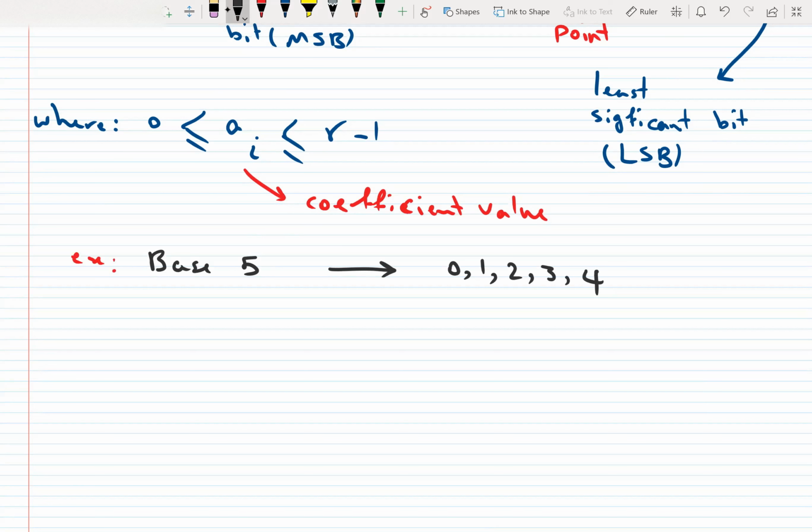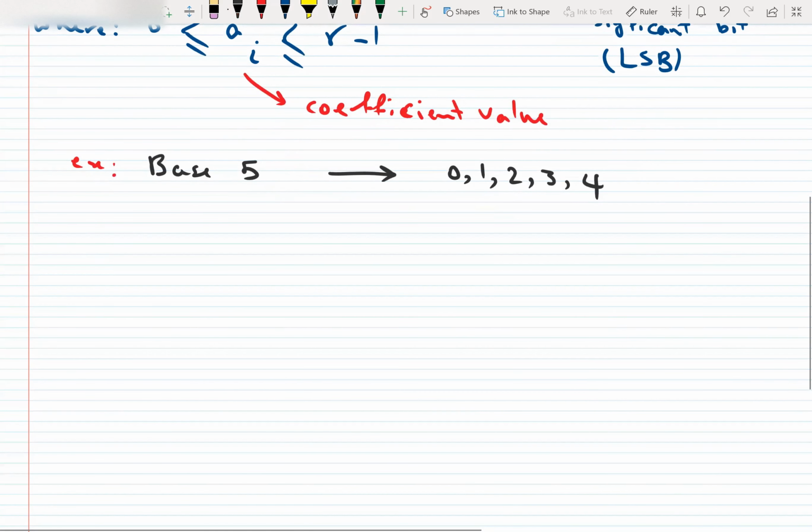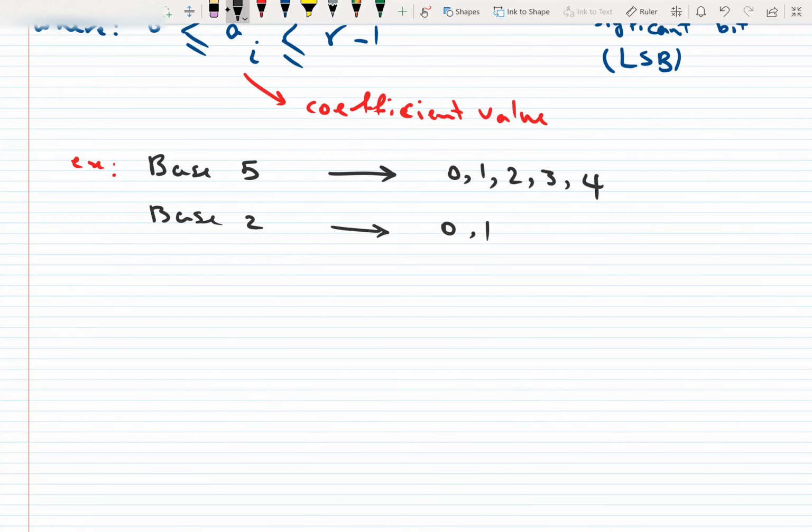Base 2 has the coefficient values of 0 and 1. Base 2 is the most important base in computer language and computer engineering, and we call it the binary system.